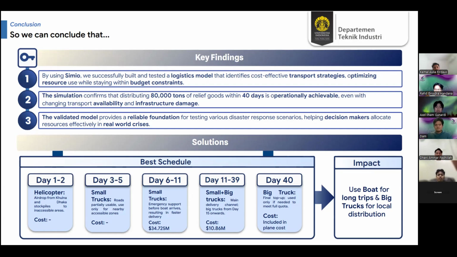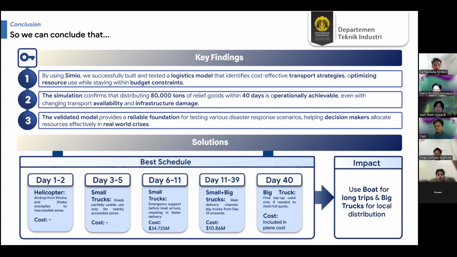For the best schedule: on day 1, helicopters deliver to inaccessible areas. On days 3 and 5, small trucks begin operating where roads are partially open. On days 6 to 11, emergency air shipments are distributed by small trucks.